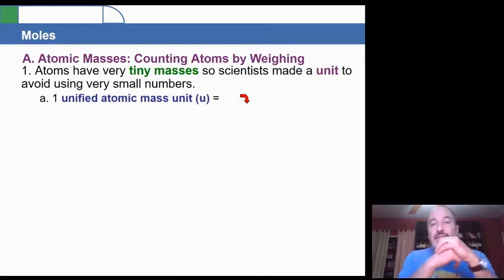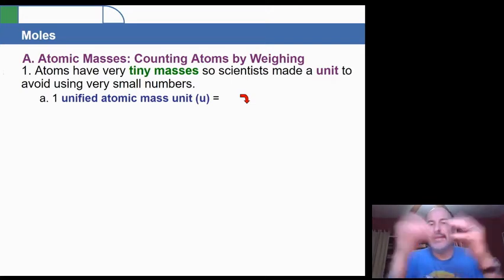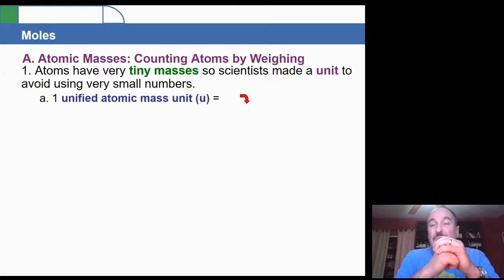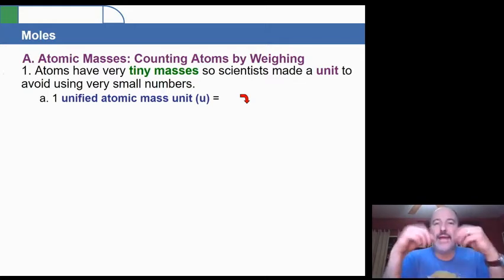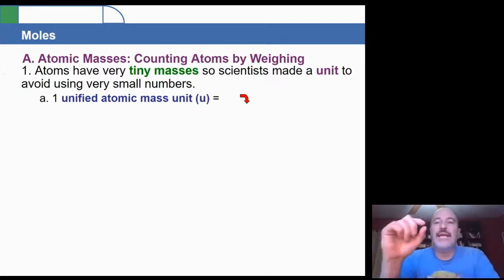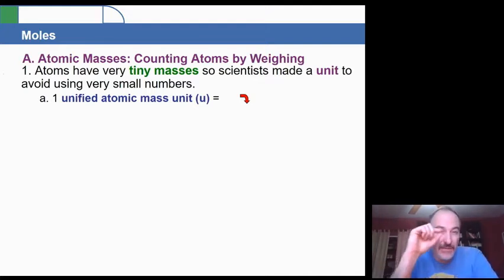You see, individual atoms have very, very tiny masses, incredibly small. Just to give you a brief idea of how small an atom really is, imagine the atoms in the eyeball of a mouse. Think of how small a little eyeball of a little mouse is.